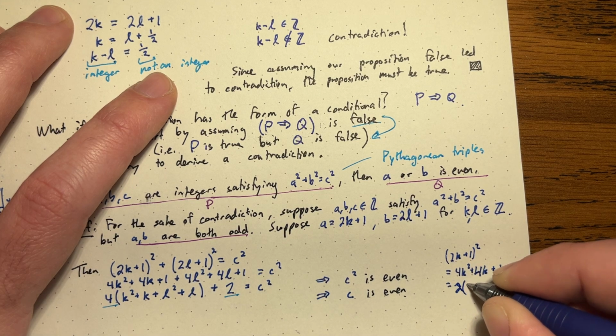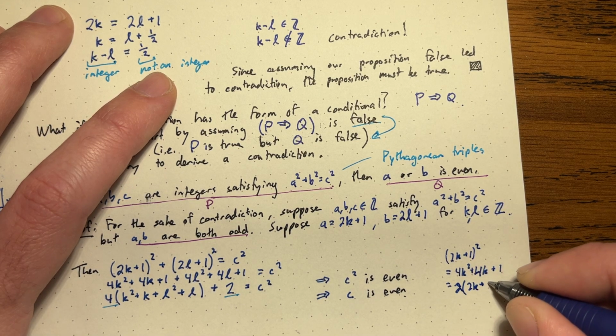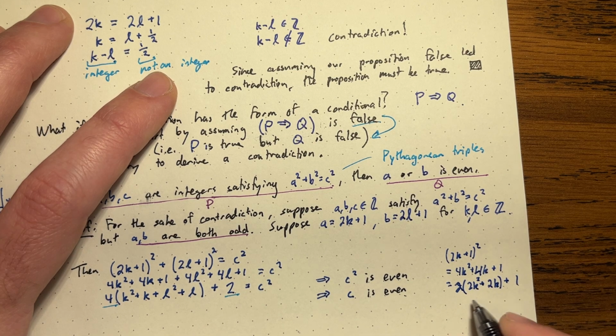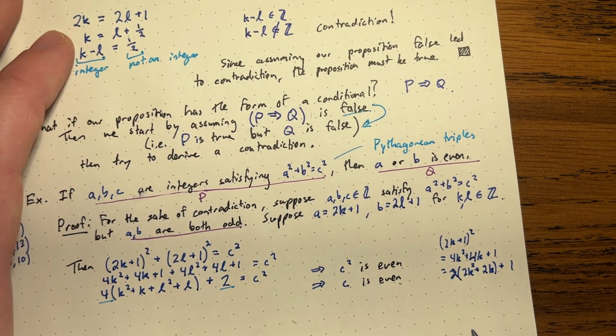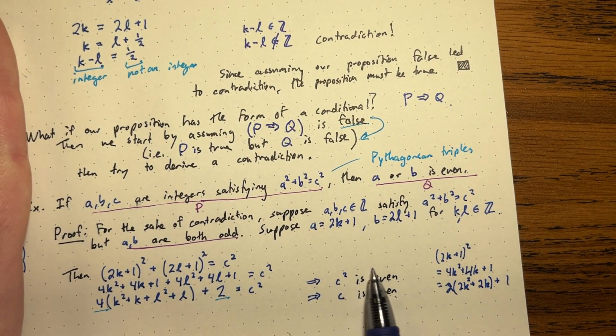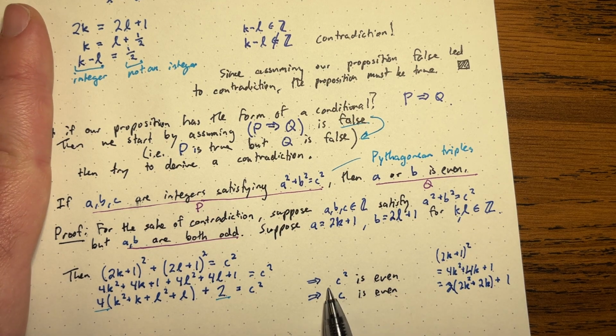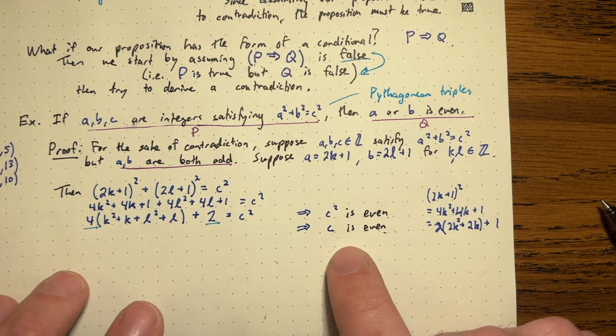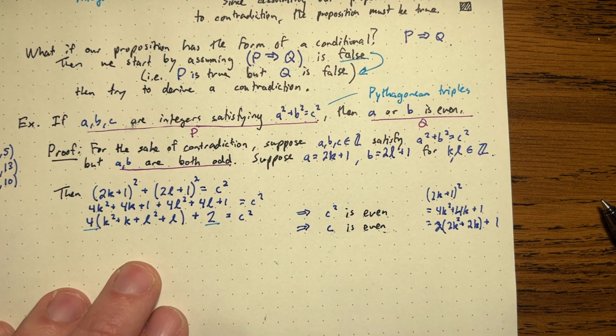Right? It's 2 times an integer plus 1. I do remember doing this in a previous video. So we prove the contrapositive here, right? If c is odd, then c squared is odd. Therefore, if c squared is even, then c is even. So this is neat. We're actually using things that we've done before.